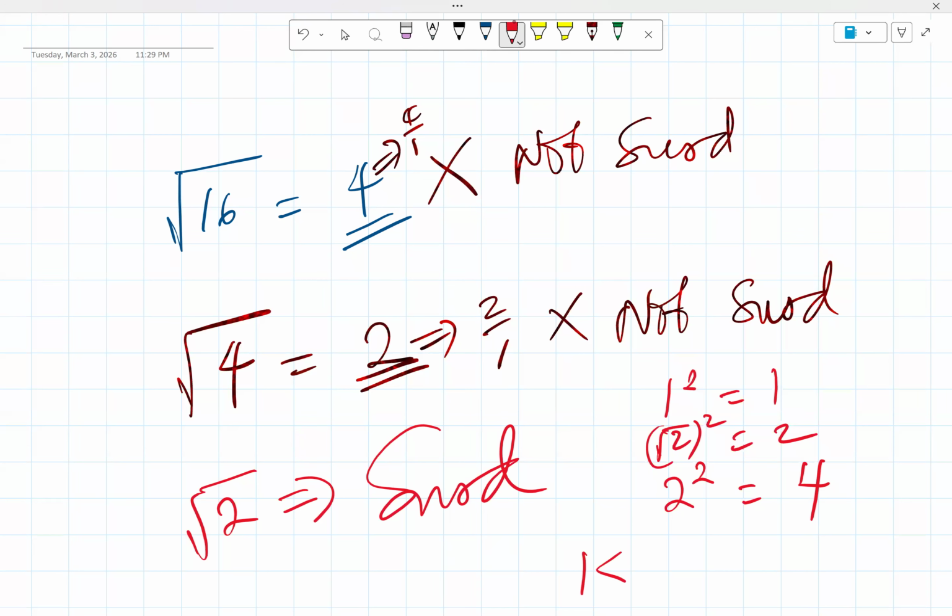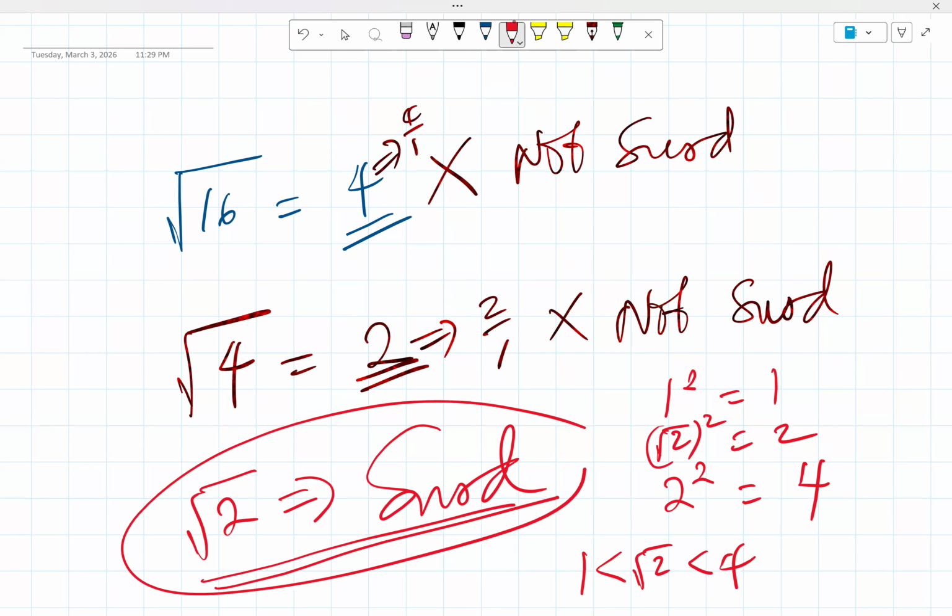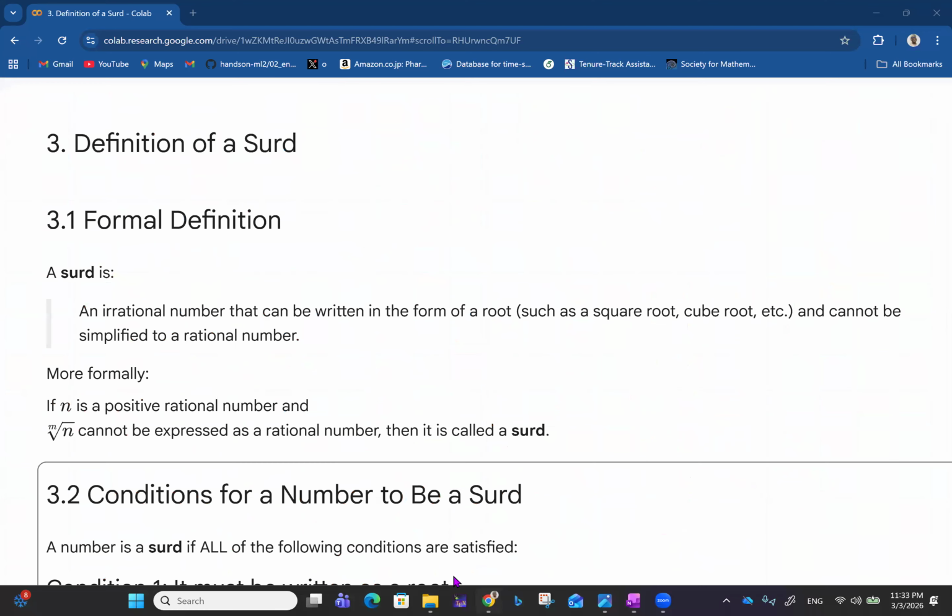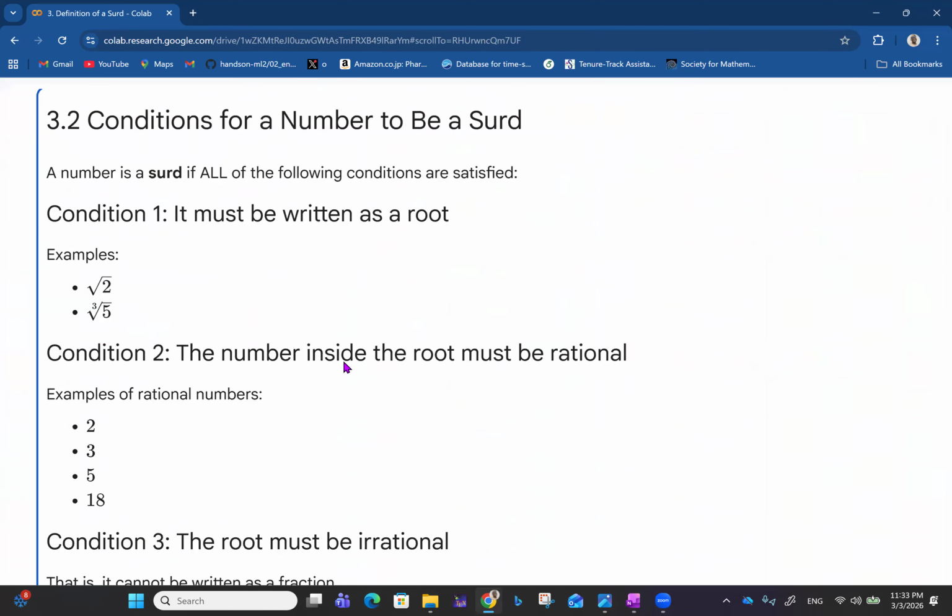So 1 is less than root 2, and root 2 is less than 2. As a result of that, because we cannot express the square root of 2 in rational form, root 2 is a surd, whereas these ones are not surds. So that's the simple explanation for the formal definition.